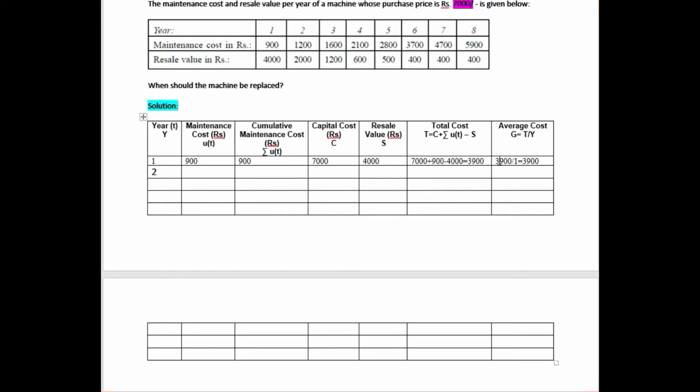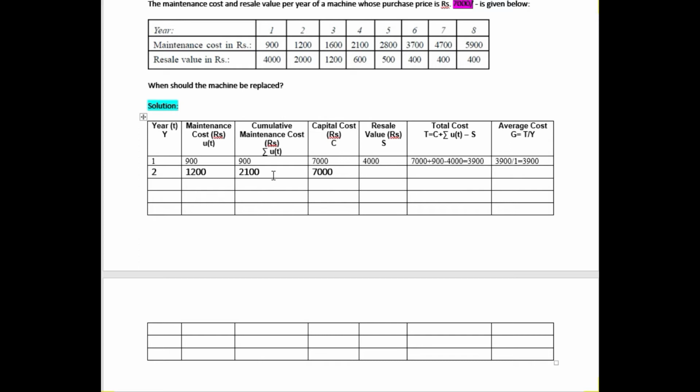For the second year, the maintenance cost from the table is 1,200. For the cumulative maintenance cost, we add the maintenance cost of the present year and of the previous years. So add 900 with 1,200; the cumulative maintenance cost at the end of the second year will be 2,100, and the capital cost will not vary.